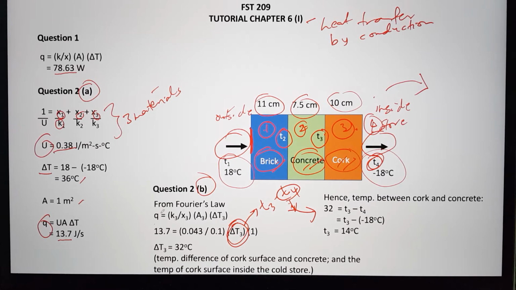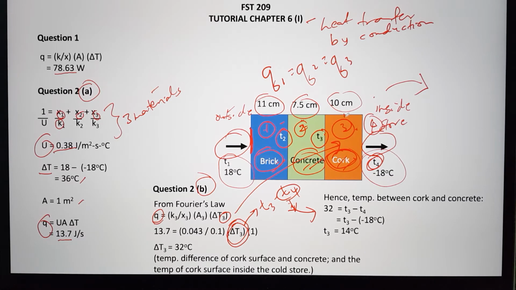So what's happening here is you just use the equation Q equals K over X, A delta T3, meant for material number 3, the caulk. Remember that the value of Q is equivalent at all surfaces, so Q1 equals Q2 equals Q3.